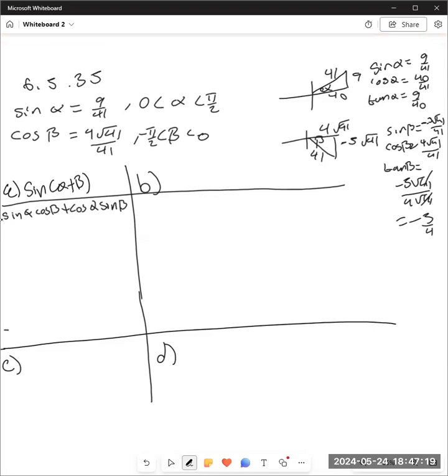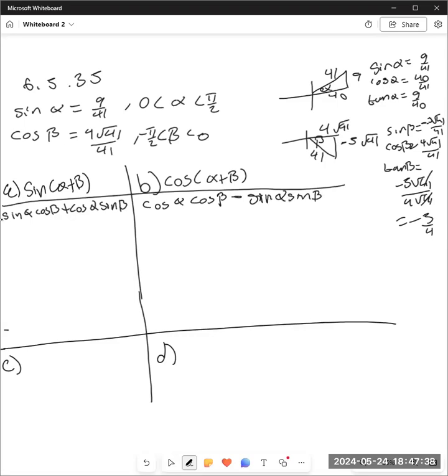B asks us to find cosine of alpha plus beta, which would be cosine alpha cosine beta minus sine alpha sine beta.